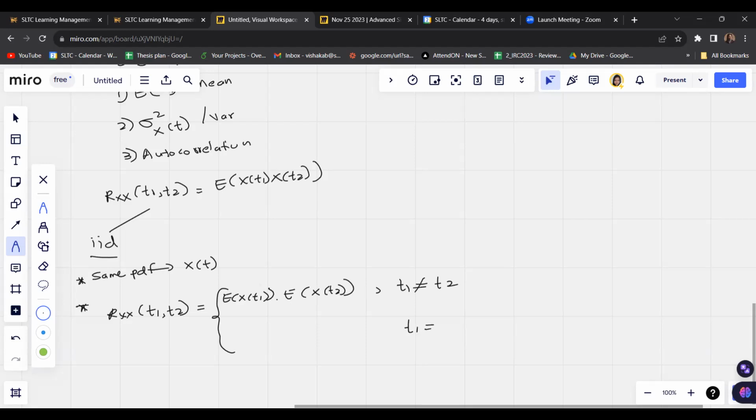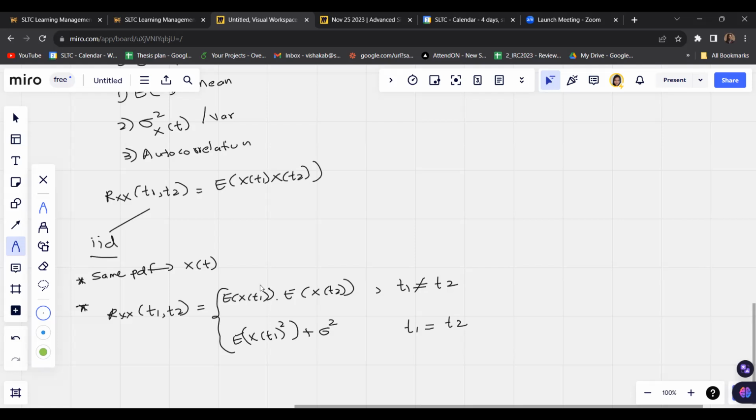When they are equal, the final output will be equal to that value plus the variance of the random variable. So it comes using mathematics. Maybe you can look into it later, and if this is not clear, you can let me know.